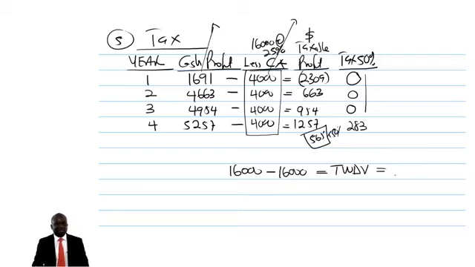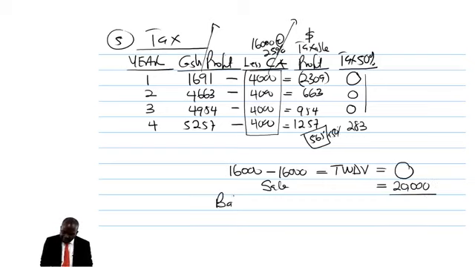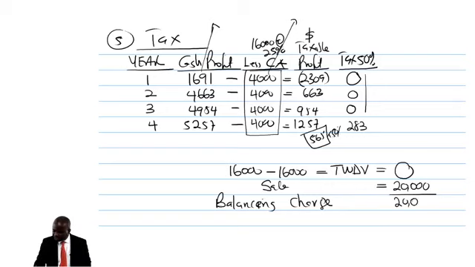In the taxman's books, the value of the asset is 0. But come the end of the period, you sold it for a residual value of 20,000. Therefore, you have made a profit in the tax books, which is called balancing charge, and that balancing charge is the 20,000.